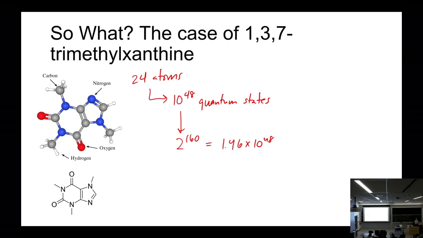That would allow us to hold all of the electronic quantum states of this molecule. Now, what's annoying to me as a chemist about this kind of analysis is, what we're saying is that we could perfectly describe the ground state of caffeine with a quantum computer that had 160 qubits. Yeah, okay, but is that useful?